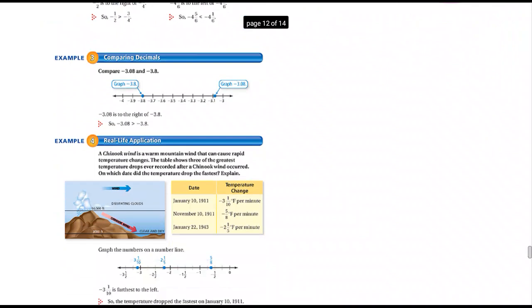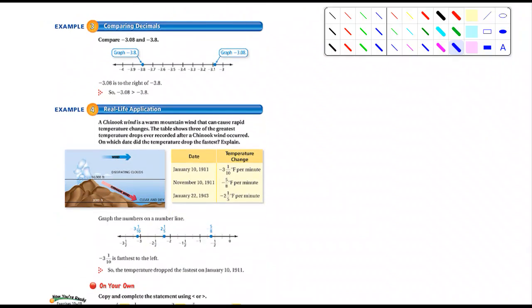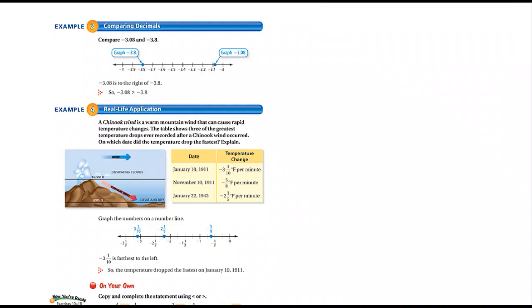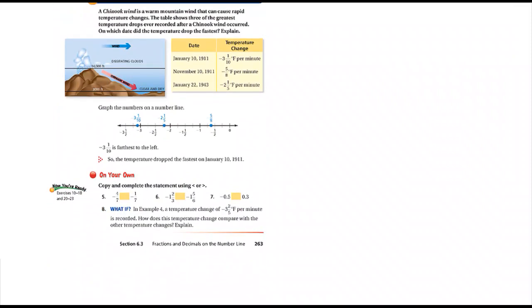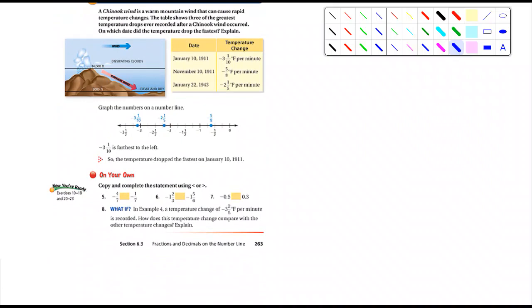Looking at example 3, they're doing the same thing, but now they're doing it with decimals. So a -0.08 and a -3.08 and a -3.8, and there's quite a difference between there. And so again, they give you that example. Then they give you some real life examples. Looks like changes of temperature they're talking about. And then they graph each one of those on a number line.